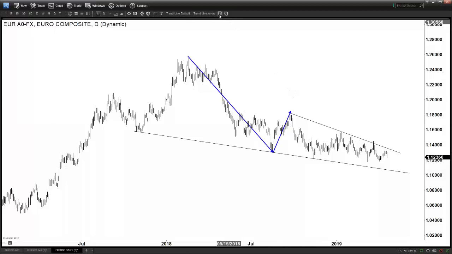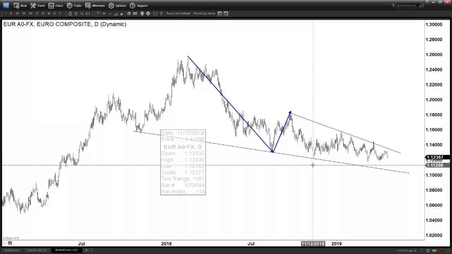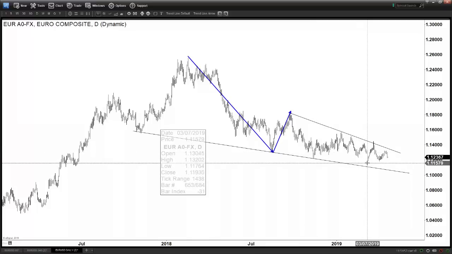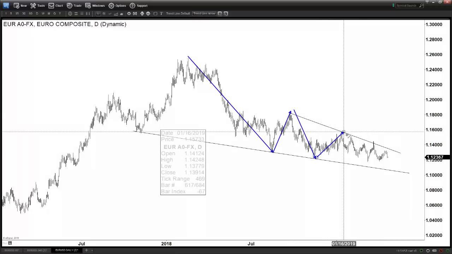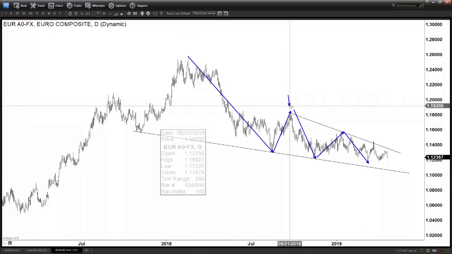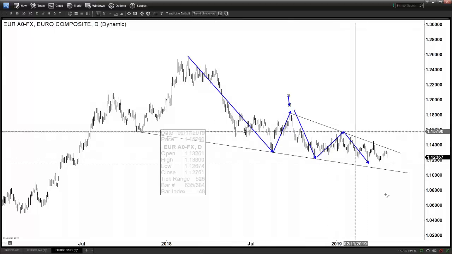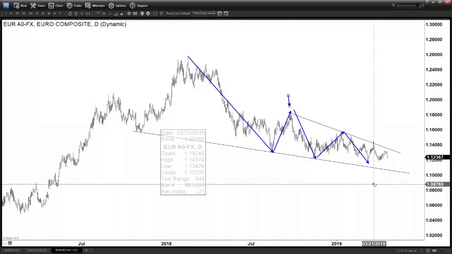Now, so far, how many swings do we have? This low here is 112.16. This low here is 111. So far I got 1, 2, 3 swings from this peak. I'm still missing at least one more if we are to label this A, B, and then C, because the C has to have 5 waves.